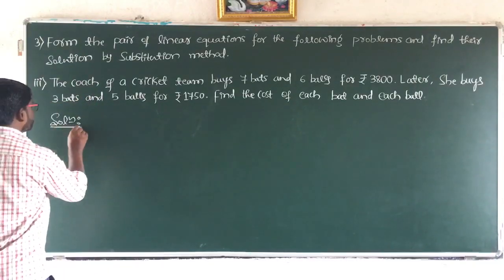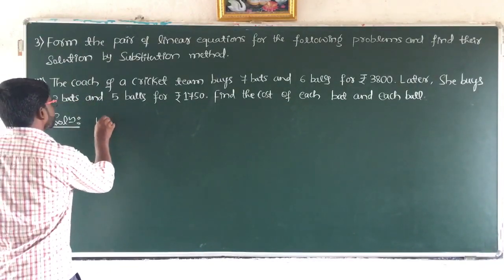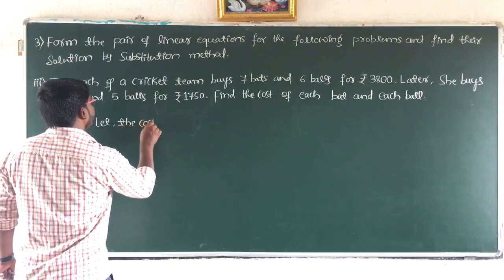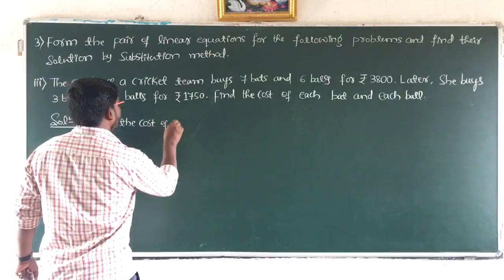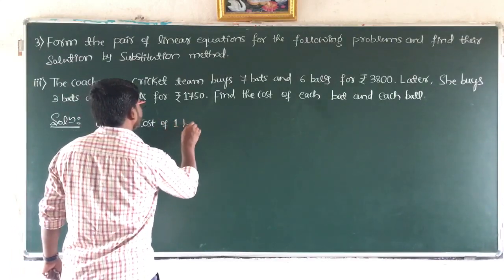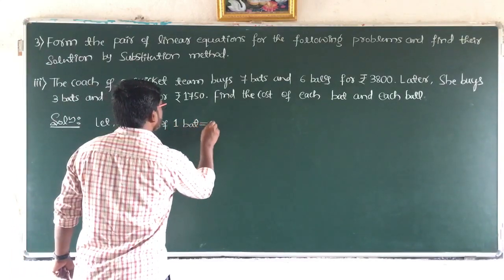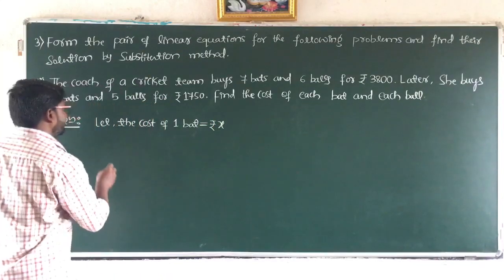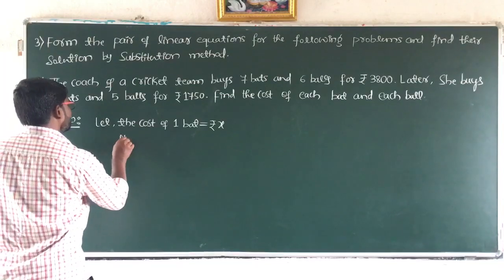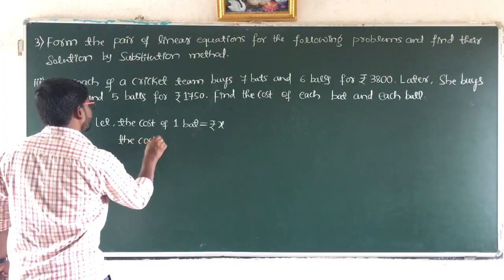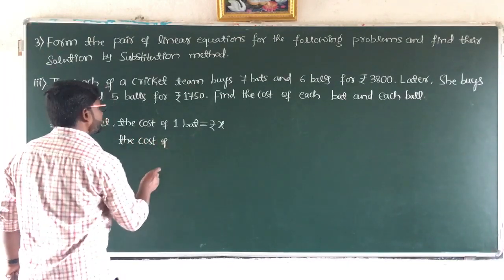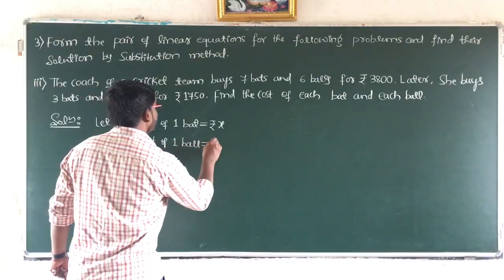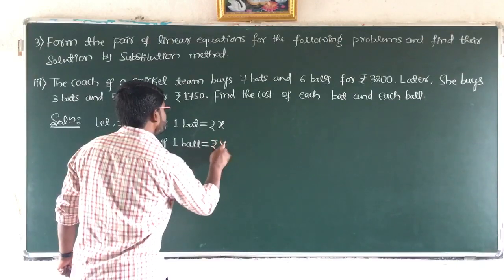See here, let the cost of one bat be rupees x, and the cost of one ball be rupees y.